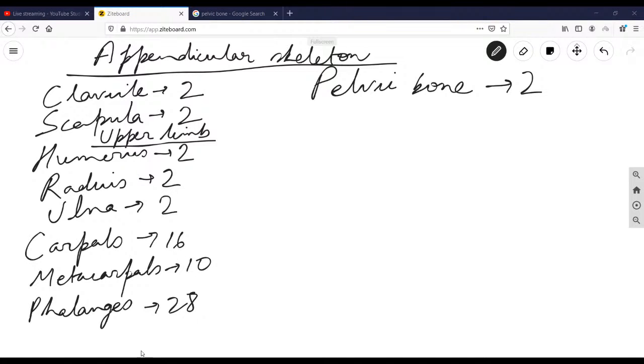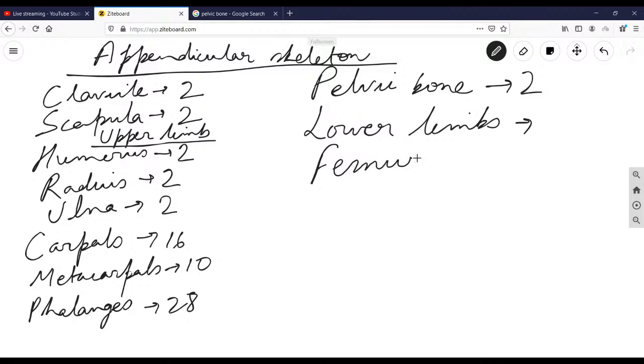Then comes the lower limb. Okay. When you talk about the lower limb, you have femur. Femur is the thigh bone, the strongest bone in the human body. Okay, the longest bone also. Two femur bones, we have two thighs, two legs, right?